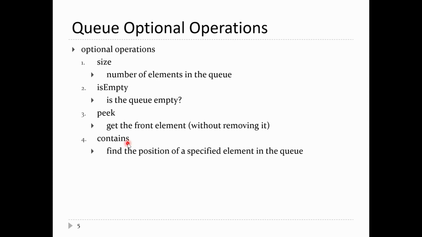You might want to search a queue for a particular element, so you could do contains. You can iterate over the elements of a queue, check if two queues are equal, generate the string representation of a queue, and so on. There's lots of operations that might be useful with a queue. But the important thing to remember is that you can only access the queue via the front. You can only access elements of the queue via the front element.